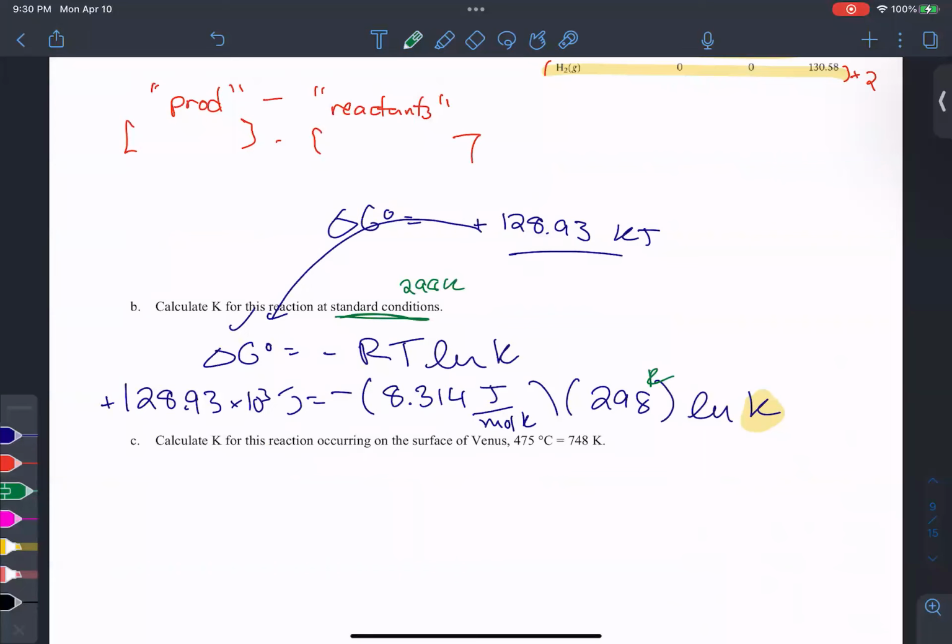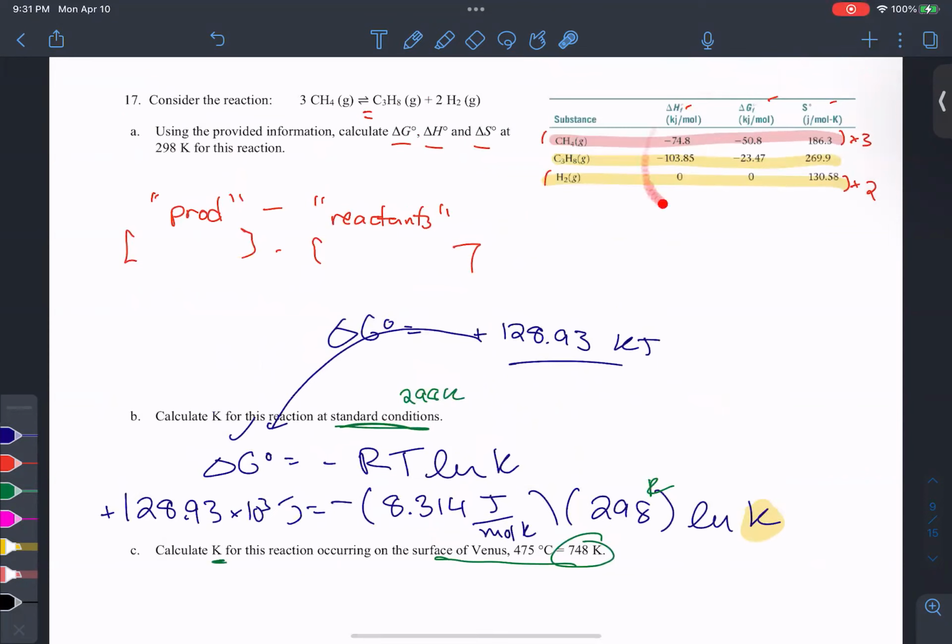Here in C, I ask you to calculate the equilibrium constant for this reaction not at standard conditions, instead on the surface of Venus, which is this temperature. A lot of students will just try to shove this temperature in here and then solve for K again. But we can't do that.